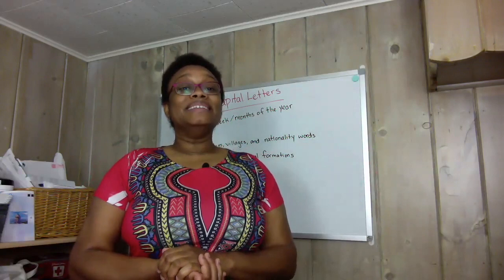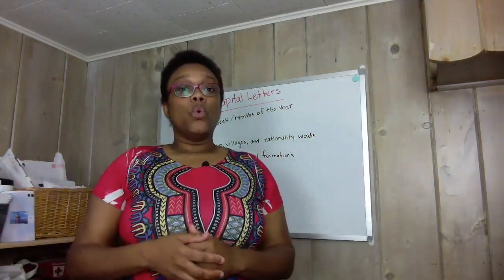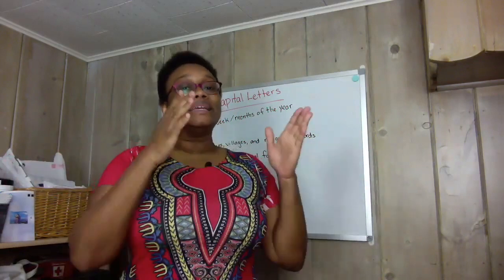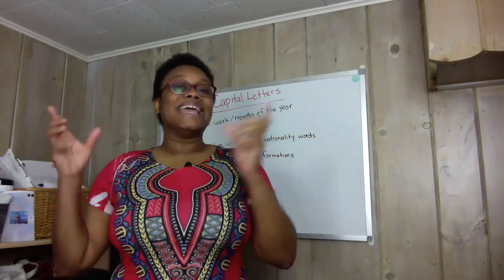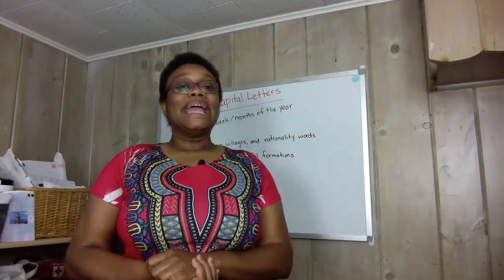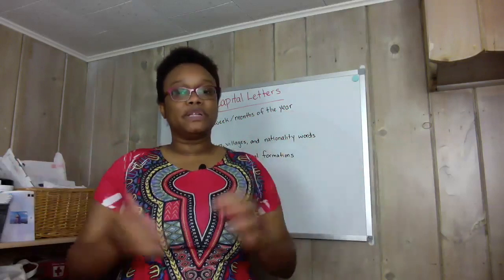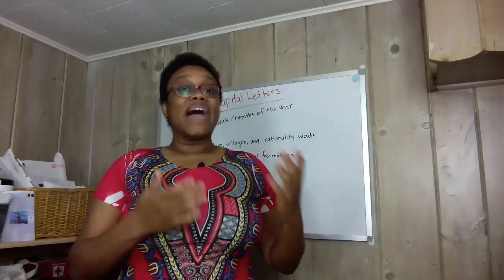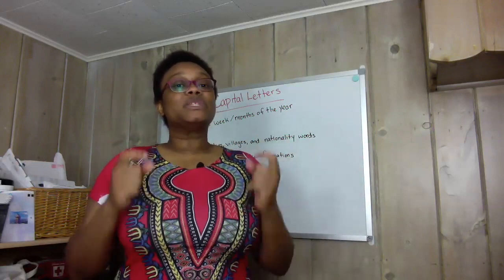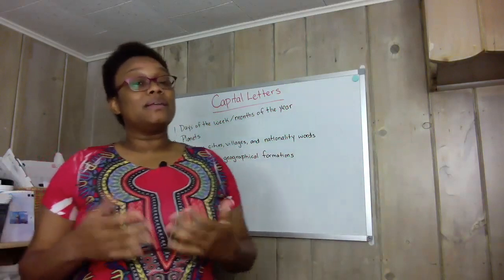If you are writing the name of a specific place, like New York City or London, you would write a capital letter for each of the words in the name of that place. If you name a specific building, like the Chrysler Building, then that would get a capital letter. So proper nouns name specific people, places, and things, and they will always get a capital letter.